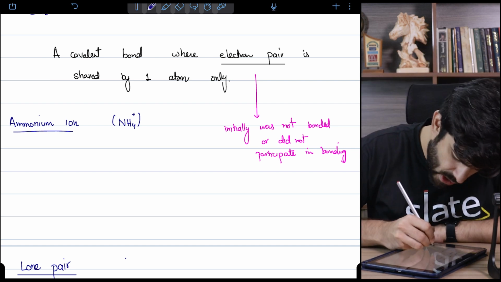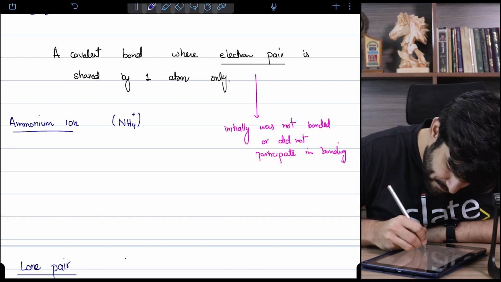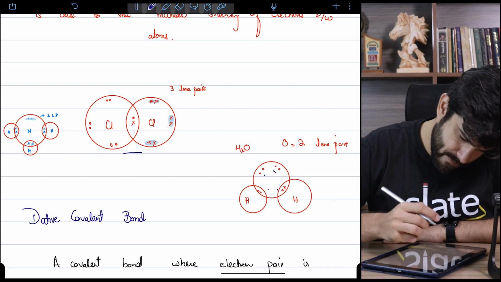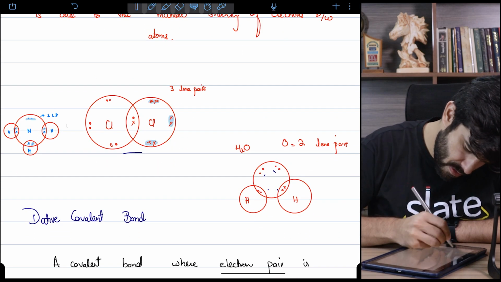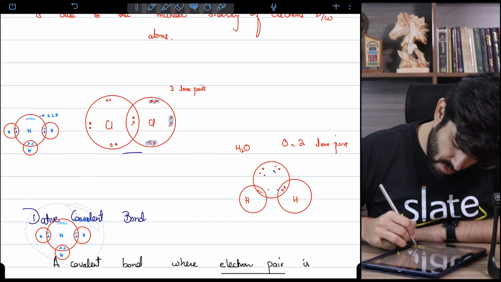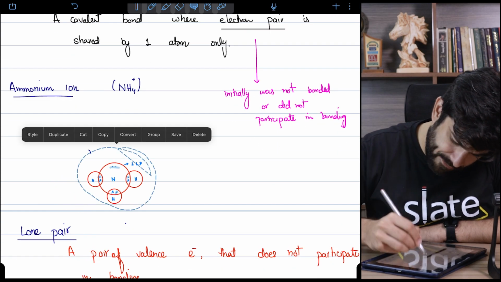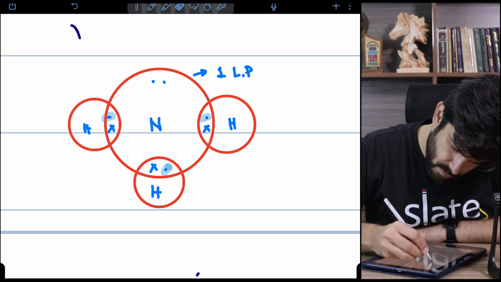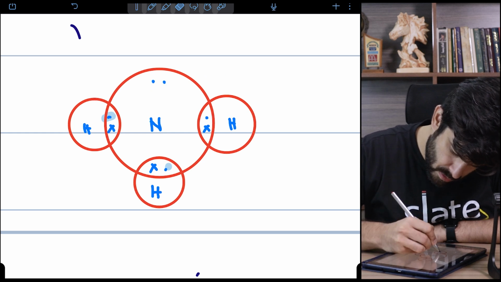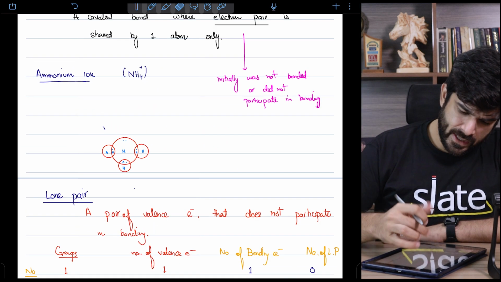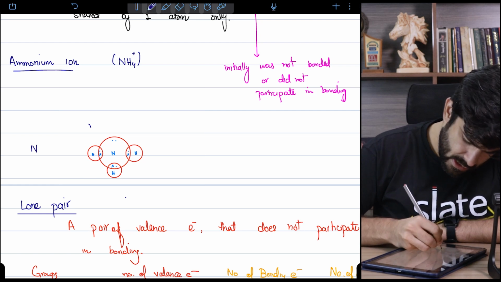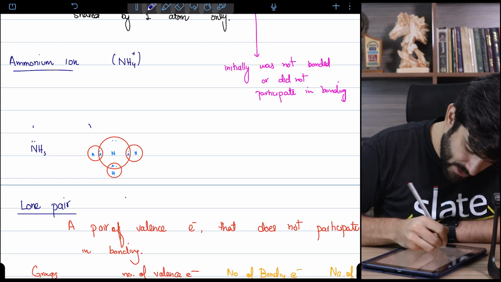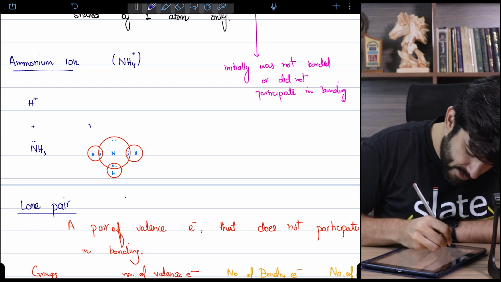So what happens is, we have an ammonia, let's say, I just made an ammonia somewhere. If we talk about this ammonia, this is NH3 with 2 dots on the top because it's a lone pair, plus a hydrogen ion.